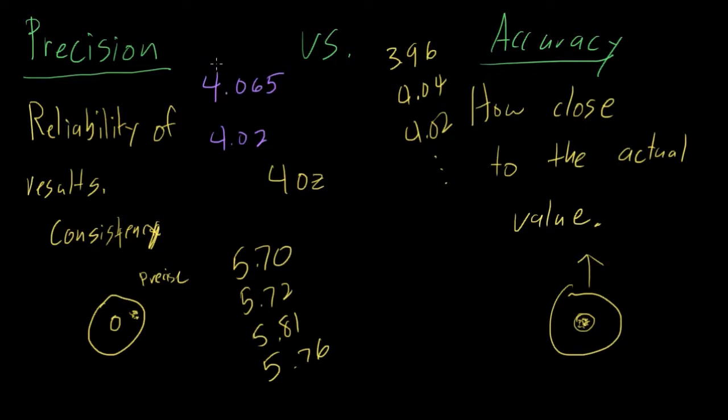So precision can depend on your measuring device. If our scale only goes to hundredths of an ounce, then we're going to be limited by that. But if our scale goes to thousandths of an ounce, then we'll have a more precise reading. It has nothing to do with how accurate our reading might be. It's just how precise, basically, our number could possibly be.